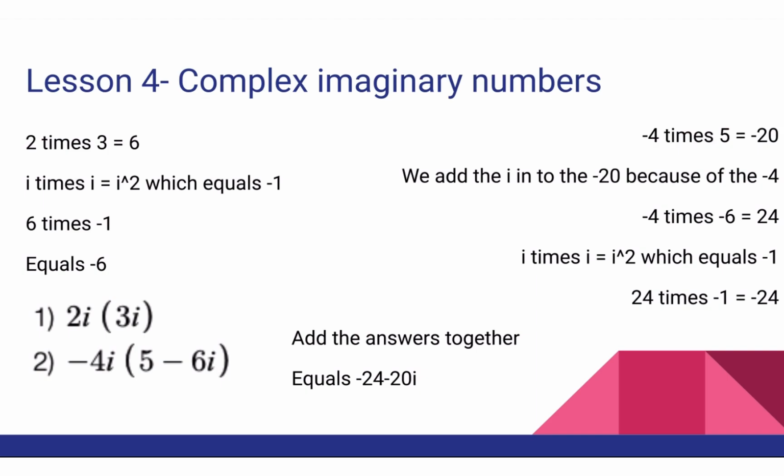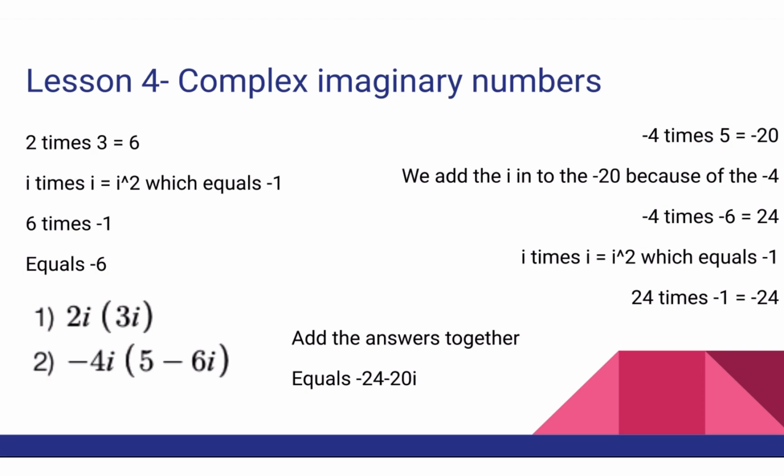Then to equation number 2. To figure out this equation, you have to do negative 4 times 5, which equals negative 20. We then add the i into the negative 20 because of the negative 4i. And then we do negative 4 times negative 6, which equals 24.